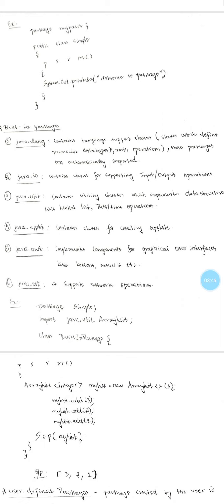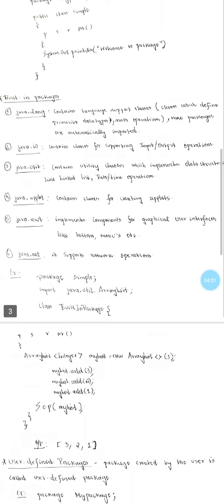Next, java.io. It contains classes for supporting input or output operations. Third type, java.util. It contains utility classes which implement data structures like linked list, date or time operations, etc.